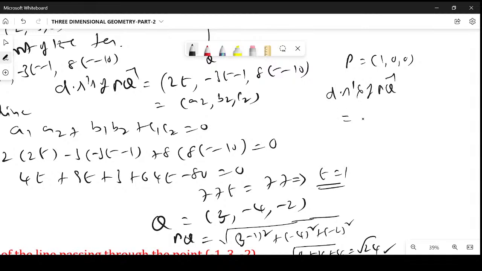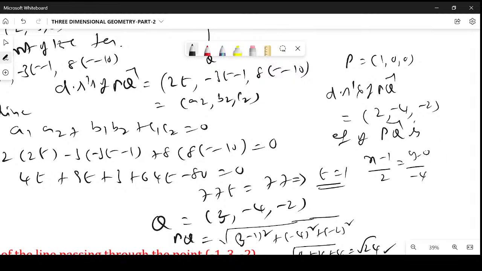With t equal to 1, substituting in the DRs of PQ bar, 2t, minus 3t minus 4 and 8t minus 10 gives 2, minus 4, minus 2. Then the equation of PQ bar is (x minus 1) by 2, (y minus 0) by minus 4 and (z minus 0) by minus 2. That is the required equation.